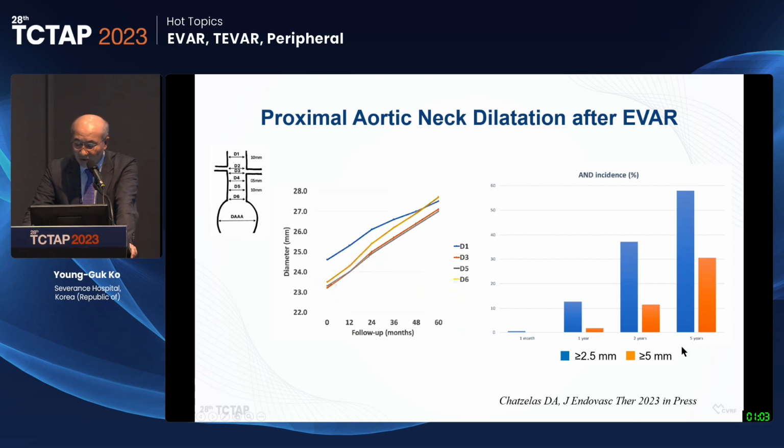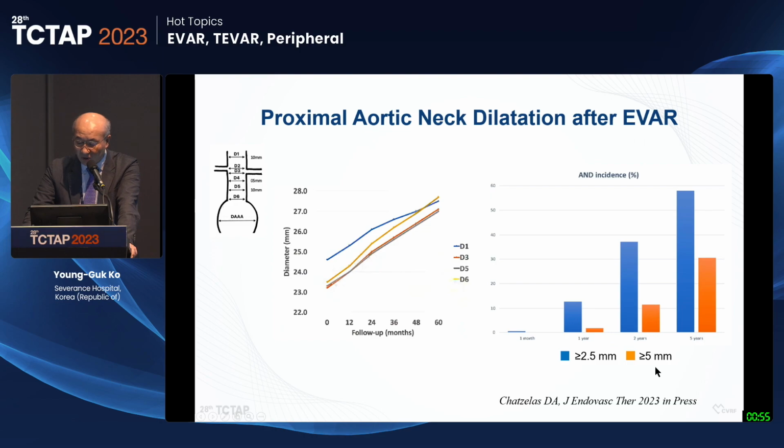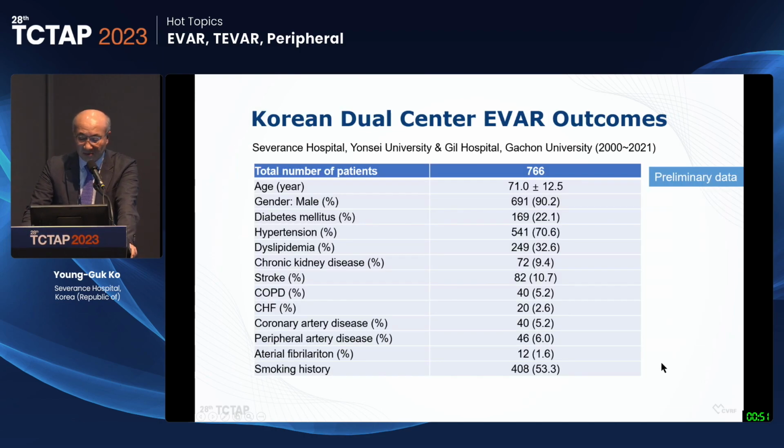So more than 50% of cases showed dilatation of the aortic neck after EVAR, more than 2.5 millimeters, and more than 5 millimeter dilatation was shown in about 30% of cases at 5 years. We checked our data. This is data from 2 centers. We had 766 patients from 2 centers between 2000 and 2021, and mean age was 71.